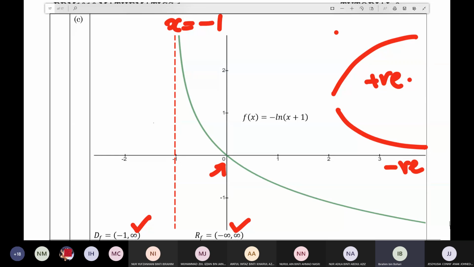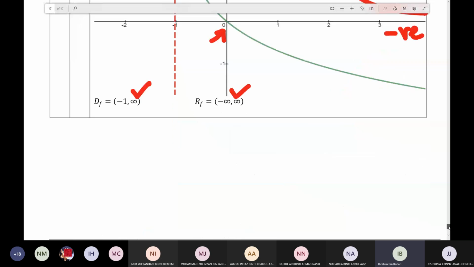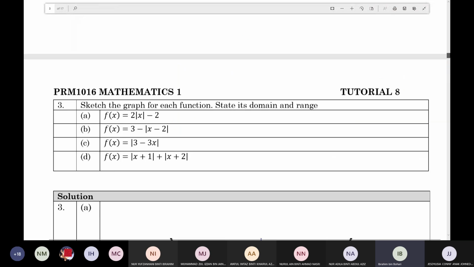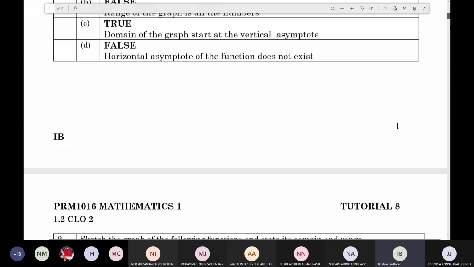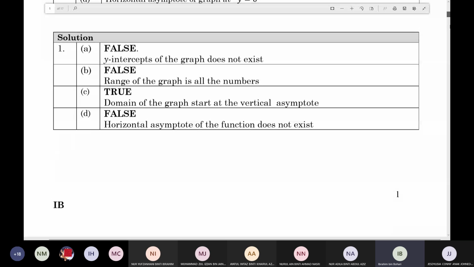Okay. And question 1 saya bagi jawapan saja. Yang mudah ni saya bagi jawapan. You all check jawapan. Okay, check answer.